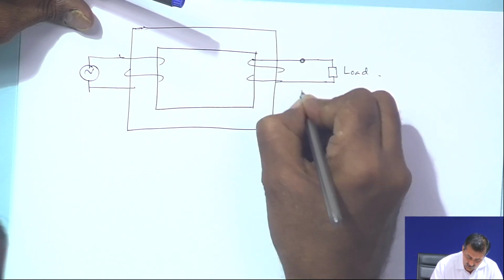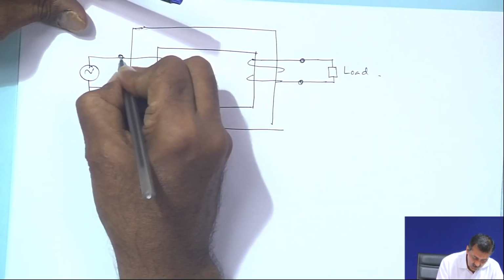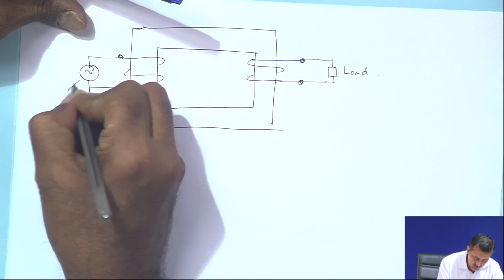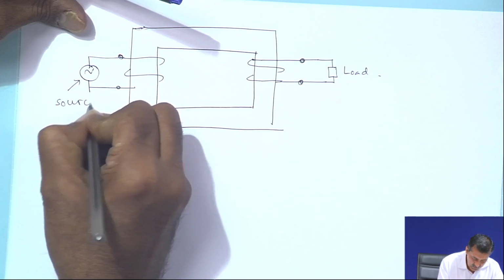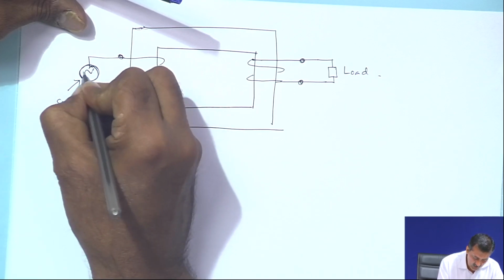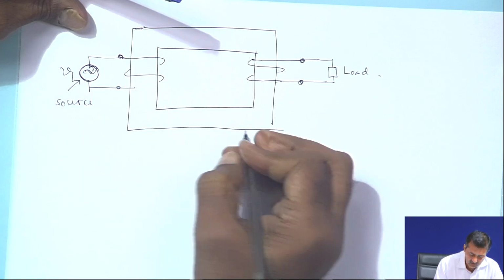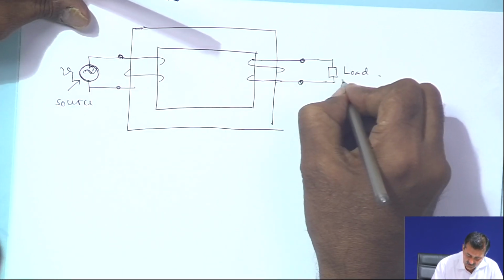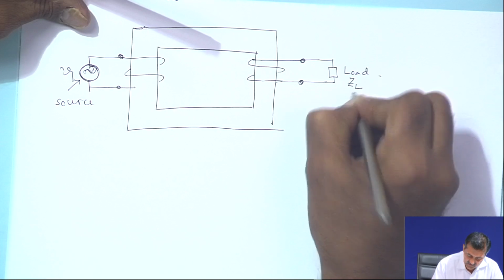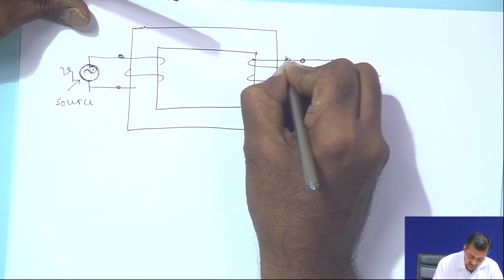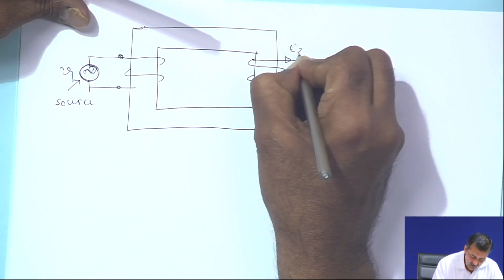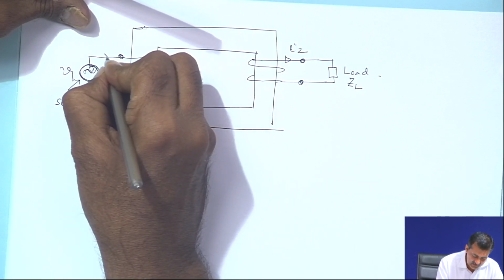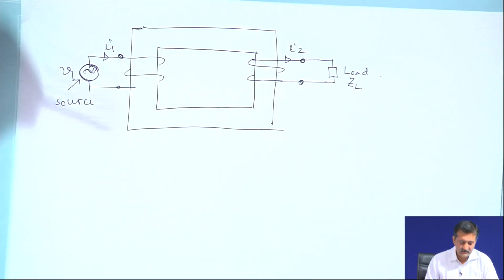This is called the load terminal, this is called the source terminal, this is the voltage source. Let us call the source V 1 and the load Z L, and let the physical current be I 2 here and the physical current here be I 1.